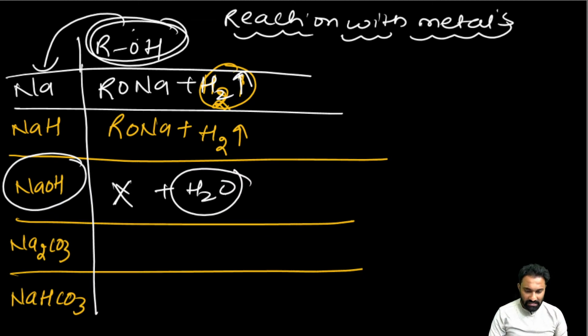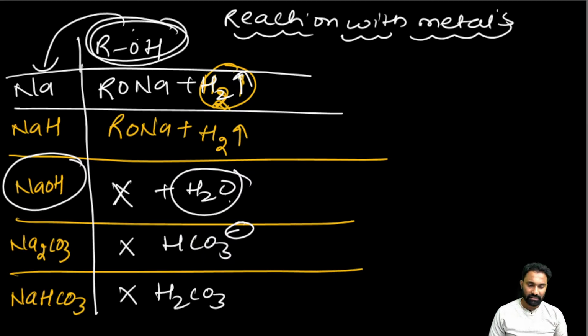Now a weak acid will not generate a strong acid, since that is not stable. A strong acid can generate a weak acid. So that's the reason: no reaction. Here also no reaction, because HCO3 minus will be generated. Next, here also no reaction because carbonic acid will be generated. Now this is about the alcohol.